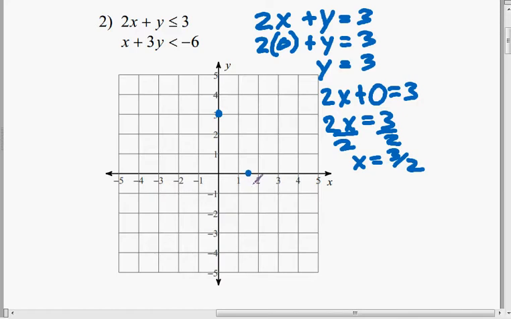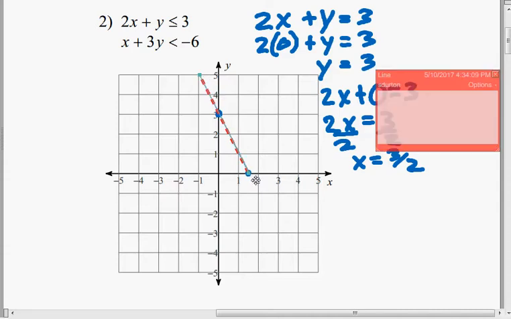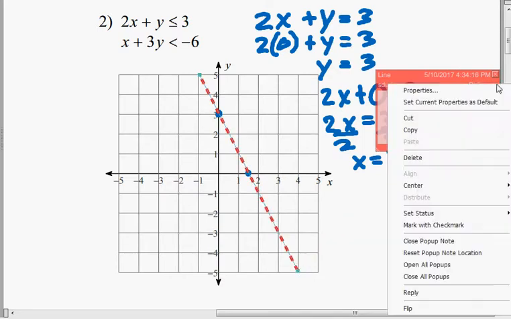I'll put my point here, and now I draw my line. And I extend it out throughout the entire graph. And in this case, for the first one, I still want a solid line.